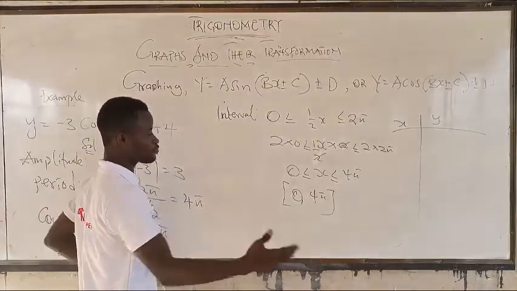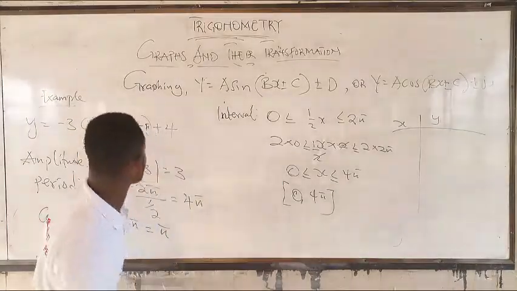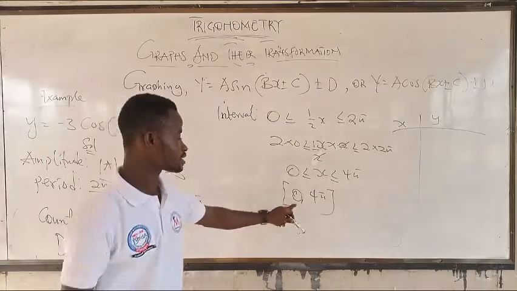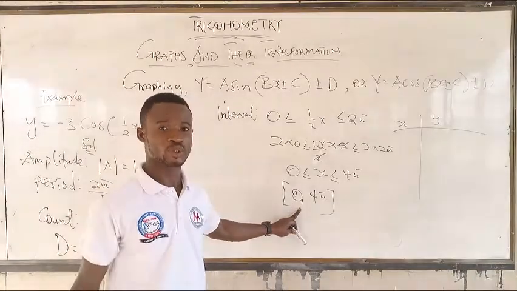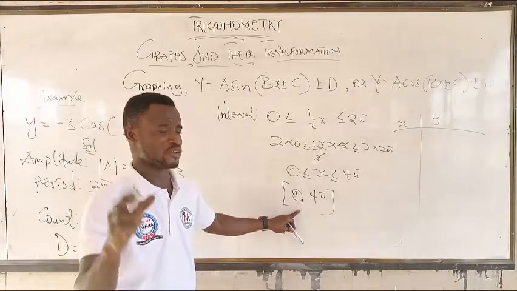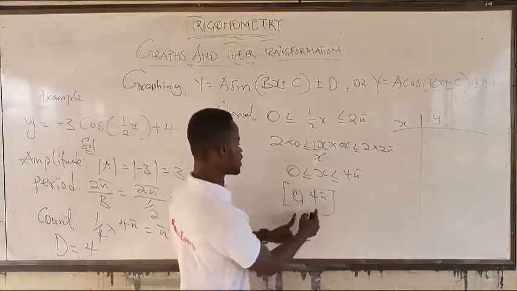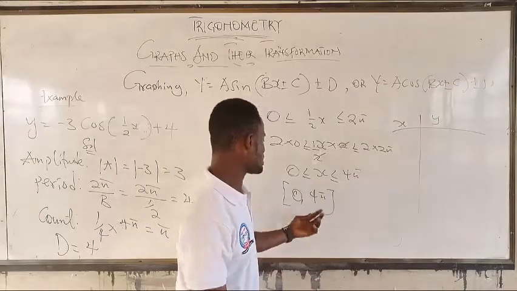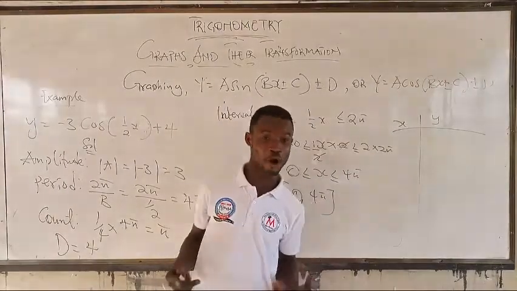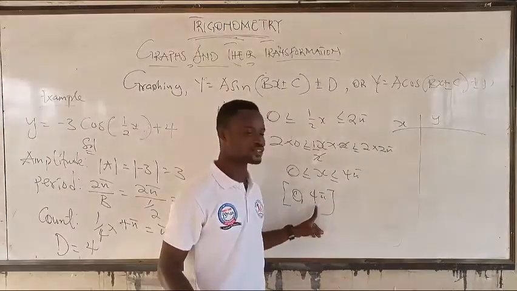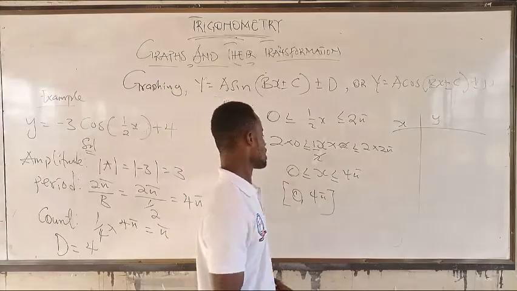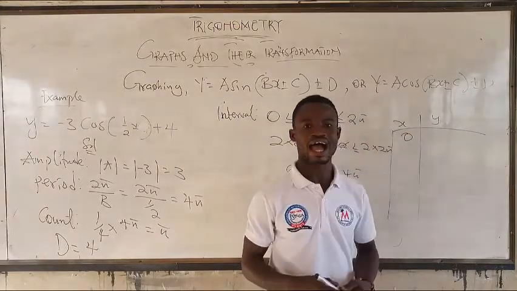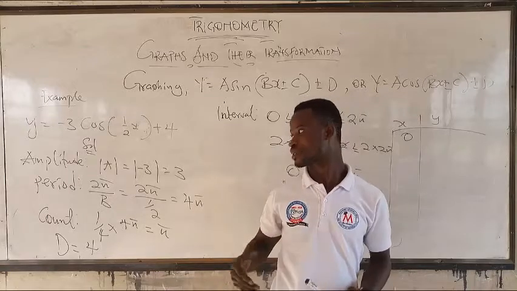But here there is no shift, that is why it's starting at 0. If there is a shift, it will never start at 0. And you can see that it's also ending at 4 pi, which is the period. So we start at 0 and add the interval, which is pi.